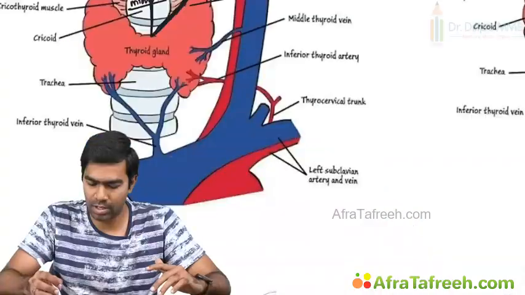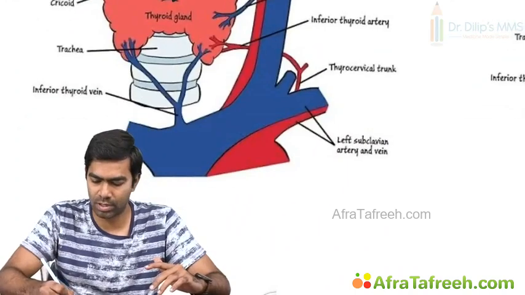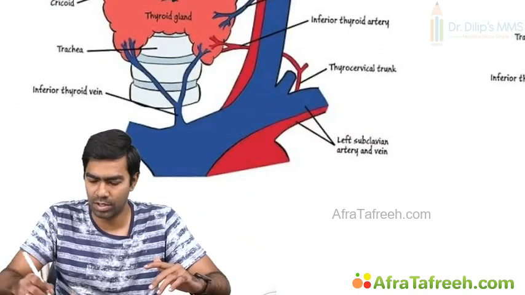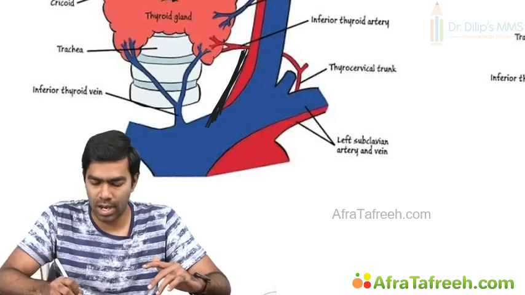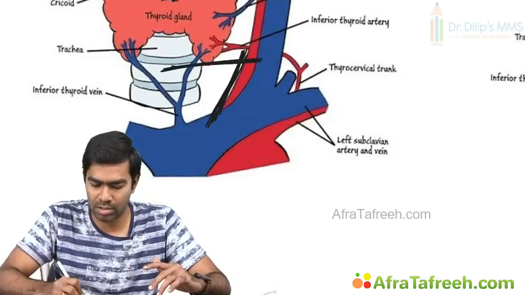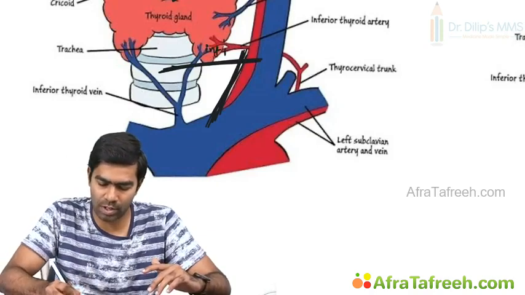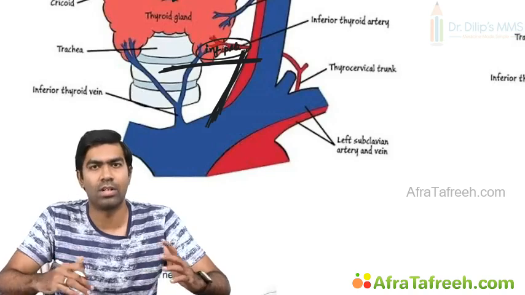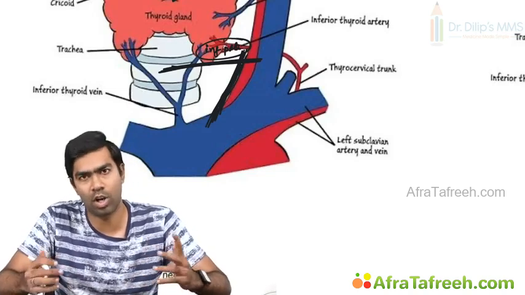In the Lowe's triangle, you have the lateral aspect to be on the common carotid artery itself. So the common carotid artery will be the lateral aspect of the gland. And the second one will be the inferior pole of the thyroid gland. So this forms one part of the triangle, the superior aspect of the triangle, and the lateral aspect will be the common carotid artery itself.